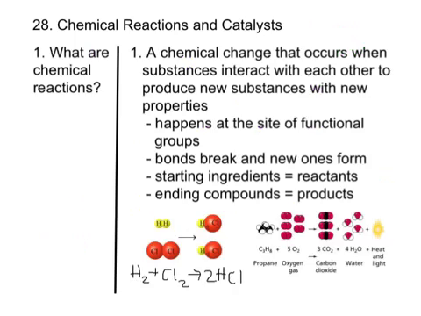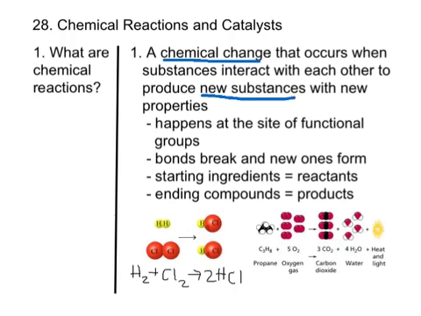All right, our first question is what are chemical reactions? So in the lab tomorrow, you guys are going to be doing some chemical reactions with different substances. A chemical reaction is a chemical change that occurs when substances interact with each other to make new substances, and therefore they're going to have new properties.